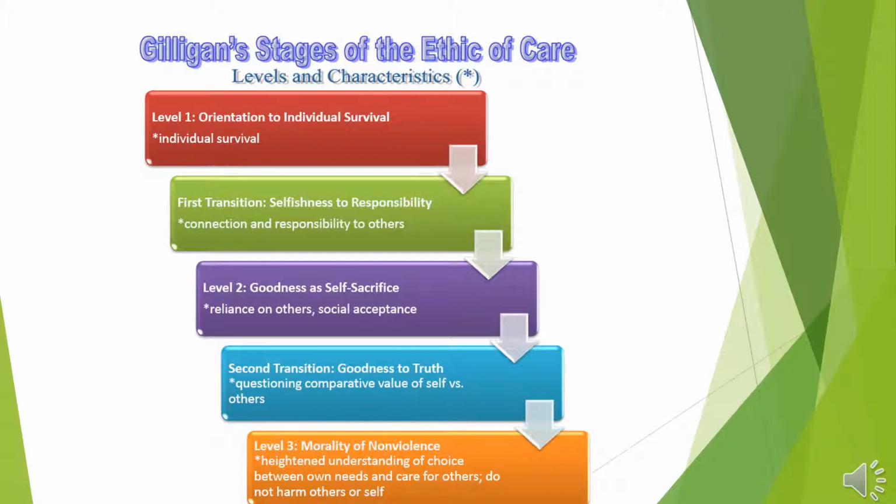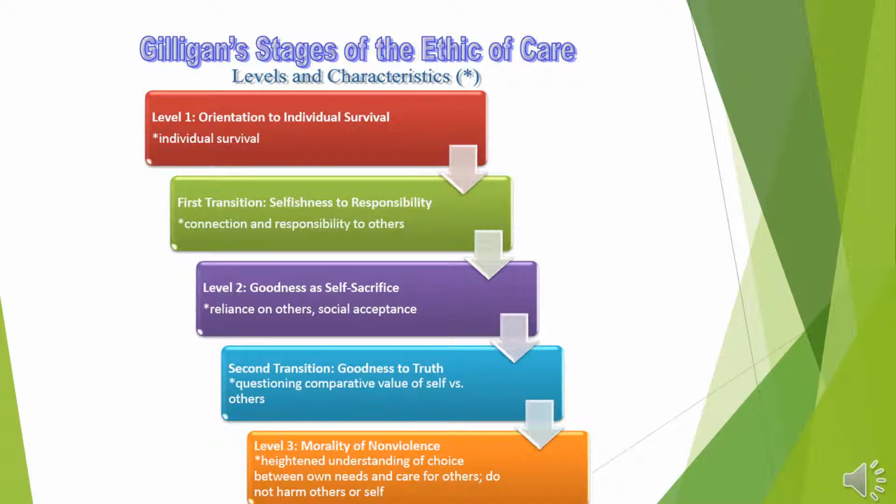Into that, we have the first transition from selfishness to responsibility. We see the most salient issue is attachment and connection to others, consider the opportunity for doing the right thing, and responsibility and care are integrated into patterns of moral decision making.